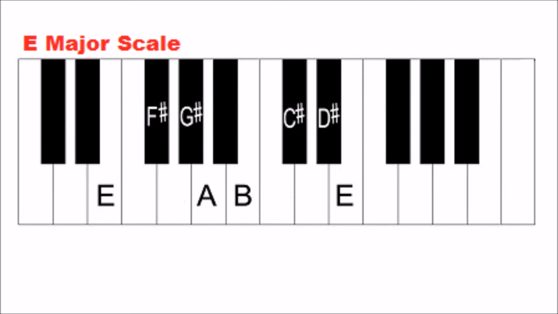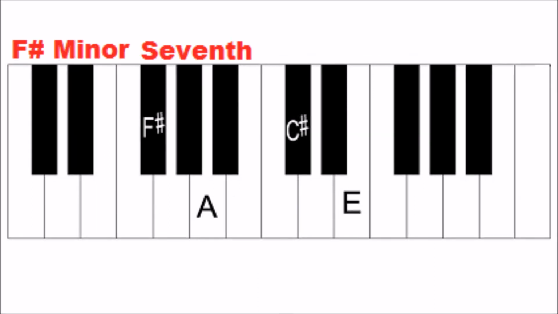You can start on F sharp, for instance, skip G sharp, play A, skip B, play C sharp, skip D sharp, and play E, giving you the notes F sharp, A, C sharp, E. And this is an F sharp minor 7th chord.